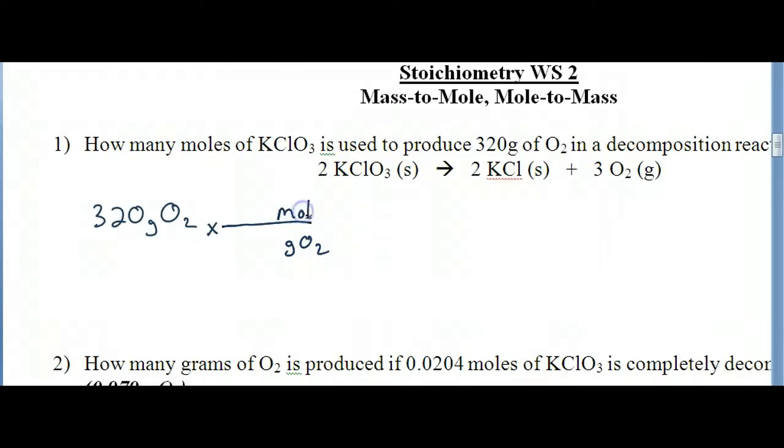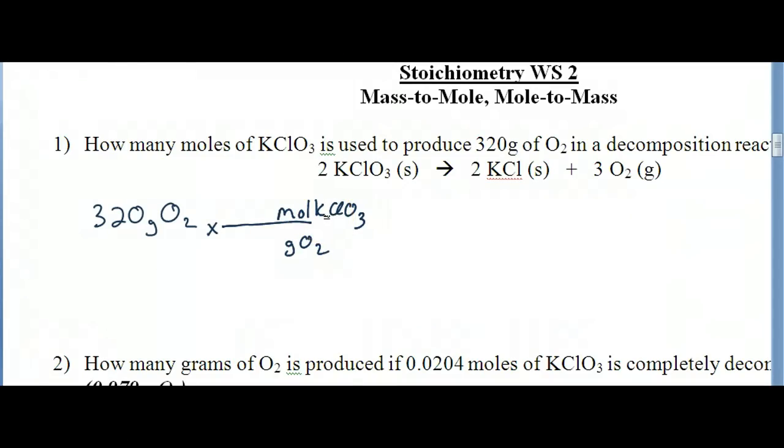So you write down KClO3, potassium chlorate up top, and the question is, well, how do I convert grams of oxygen to moles of potassium chlorate? Very quickly, you need to learn that you cannot go from grams of something to grams of something else.